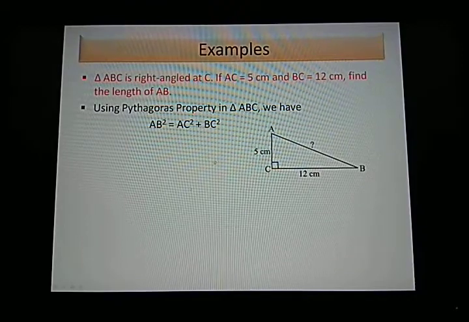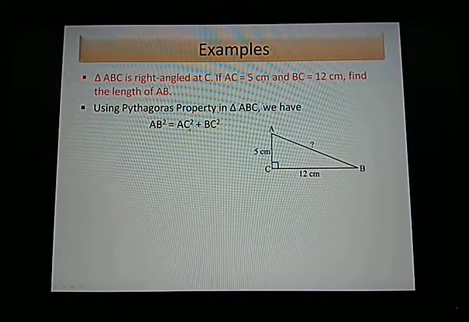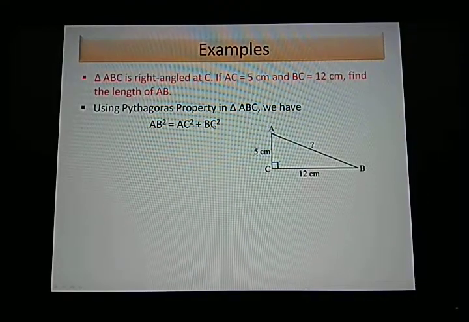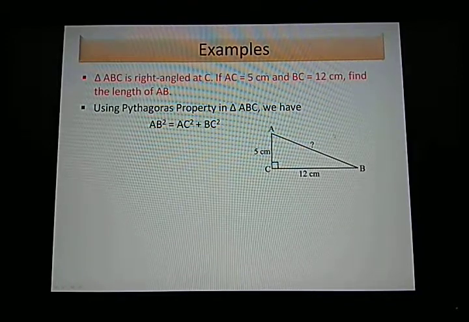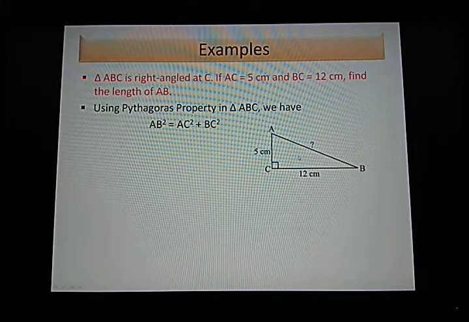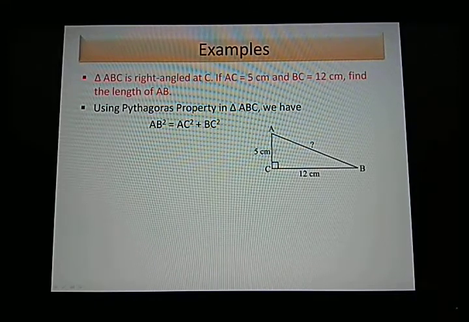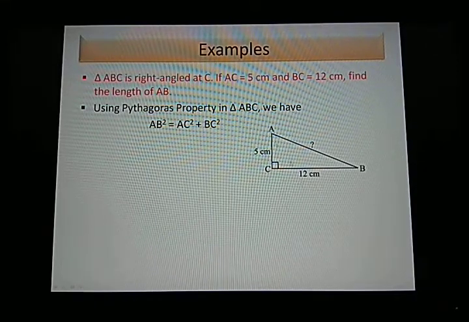Now some people might wonder which one to write first, base square or perpendicular height square. Anyone you can write. You can even interchange their positions. If I consider this as the base and this as the perpendicular height, yes, sometimes the figure may be in a different alignment. Sometimes the figure may be this side and this side could be at the bottom. Then this will become the base and this will become the height.